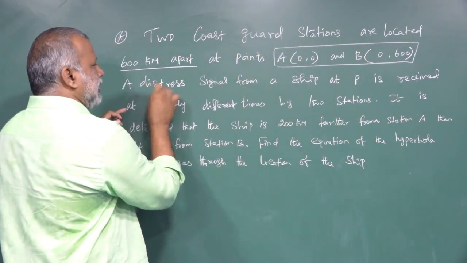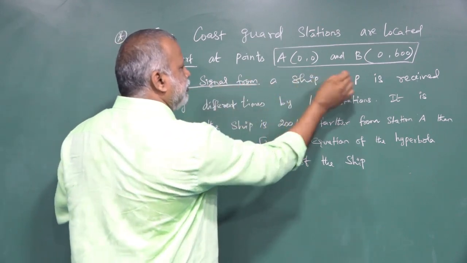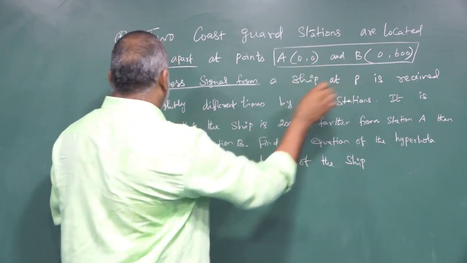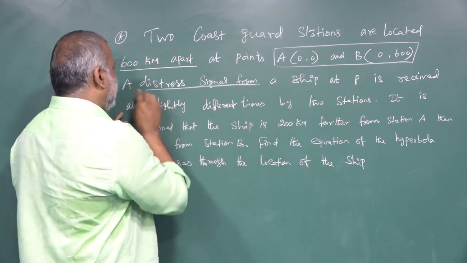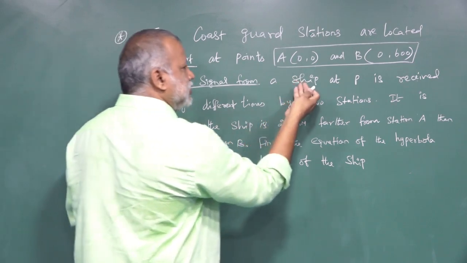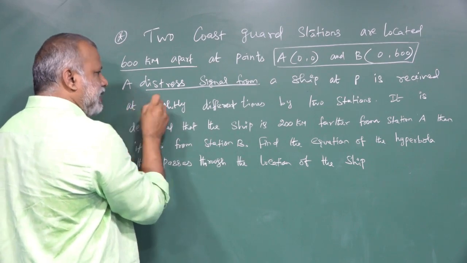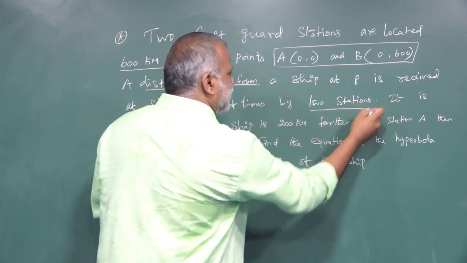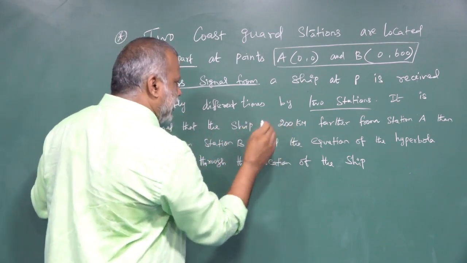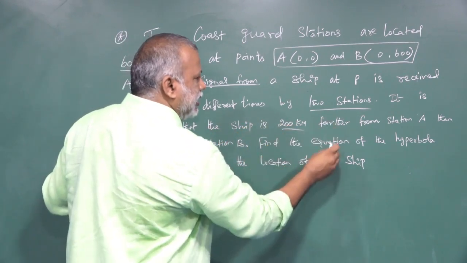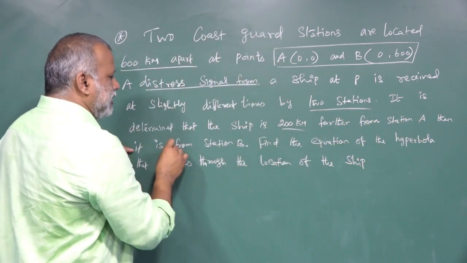A distress signal from a ship located at P is received at slightly different times by the two stations. It is determined that the ship is 200 kilometers farther from station A than it is from station B.